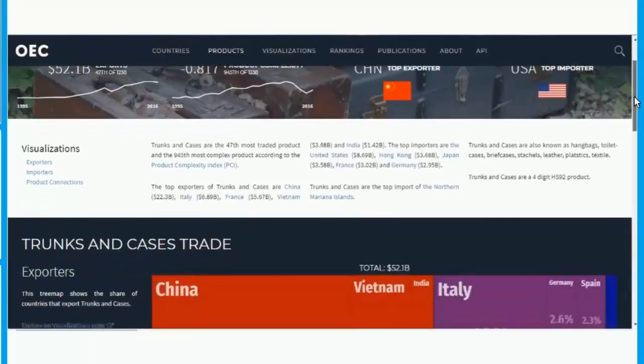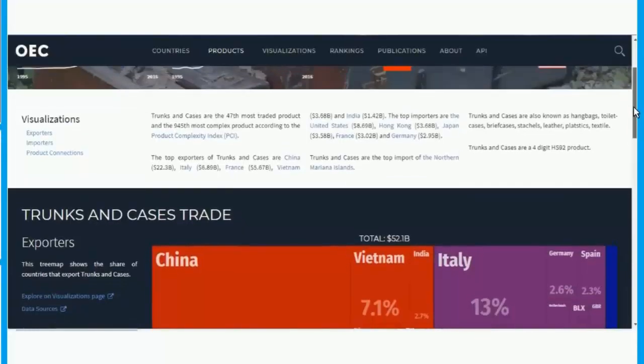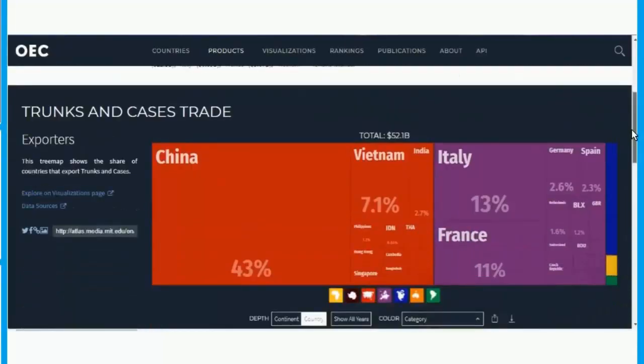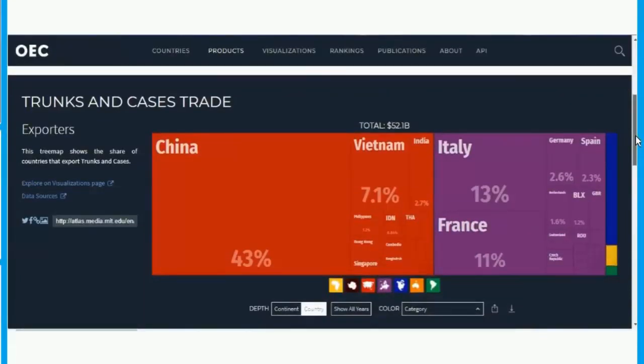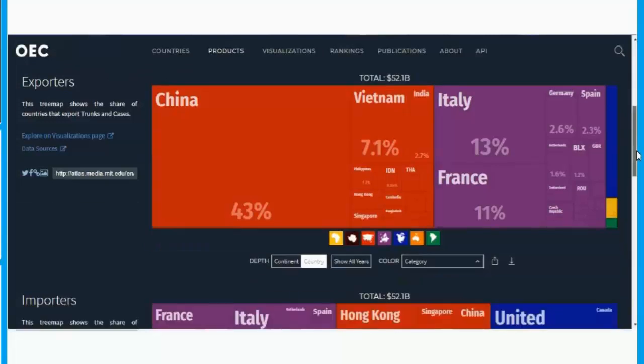So maybe we're going to do business importing, buying, or selling leather trunks. We can see the exporters. China is the biggest one. Then comes France. So if we're going to buy, we can ask for quotes in China and France because they are the ones that produce more, so it's more likely that we're going to get a better price.